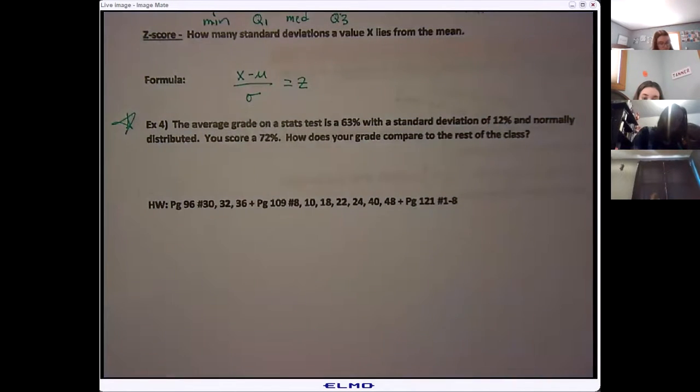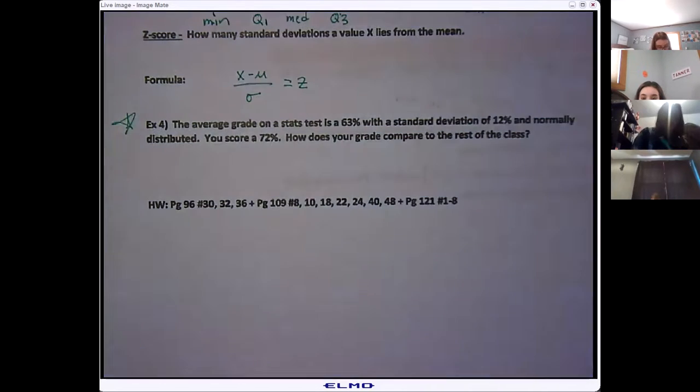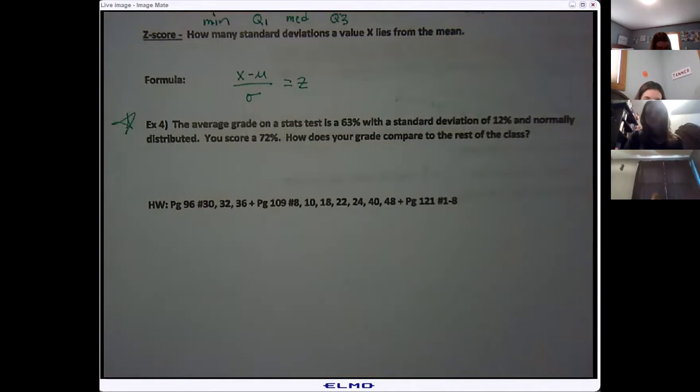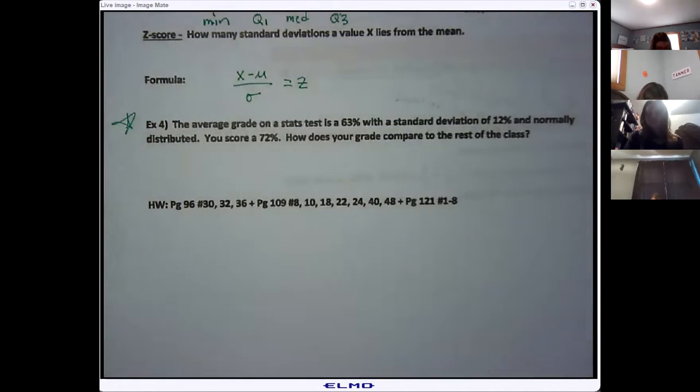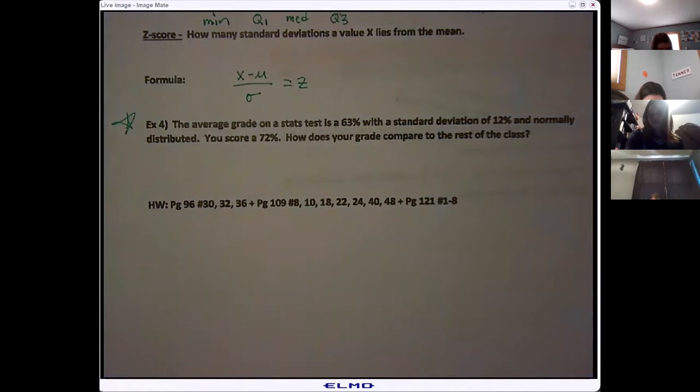You score a 72%. How does your grade compare to the rest of the class? Let's see who remembers how to do this. I'll give you guys all a little bit of time.